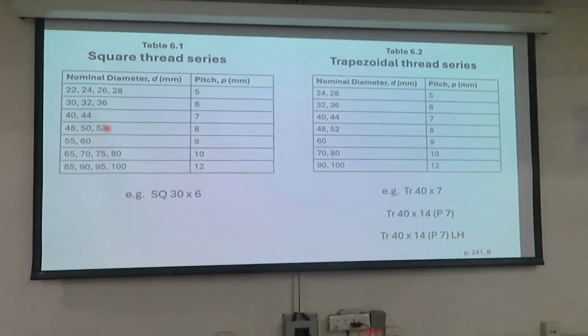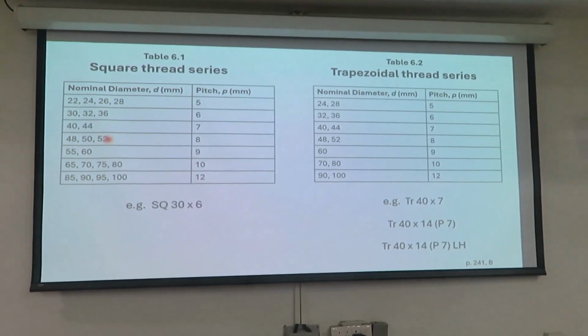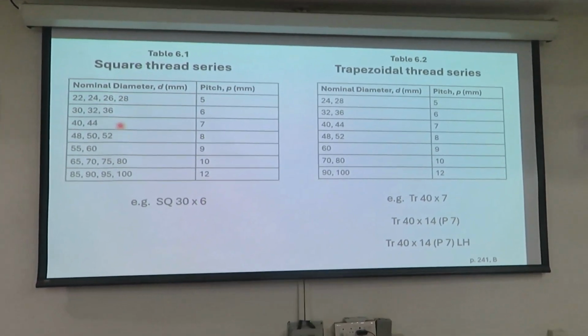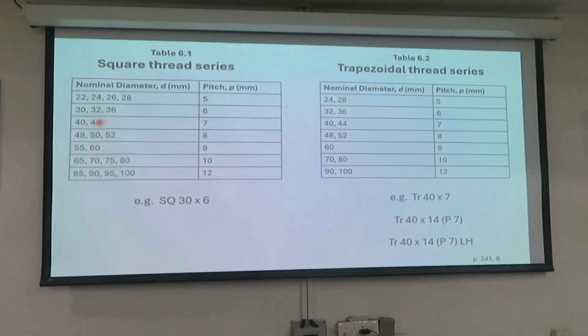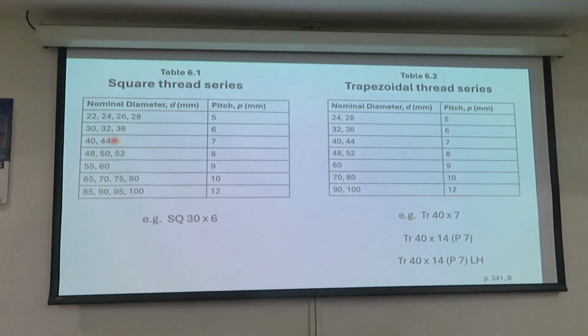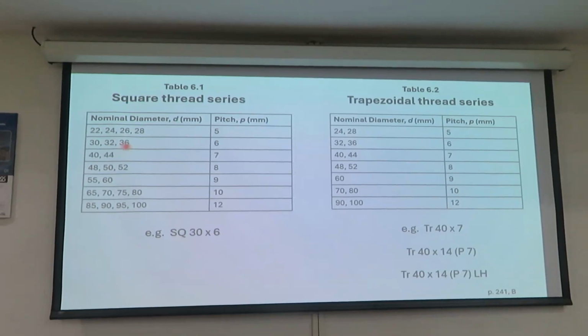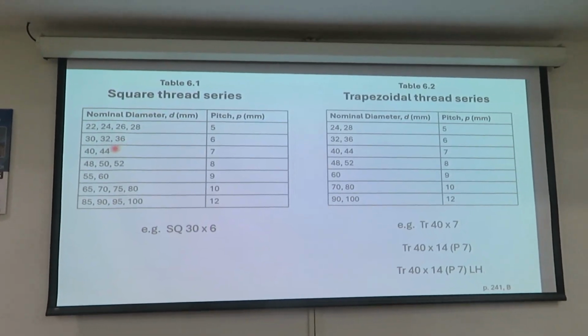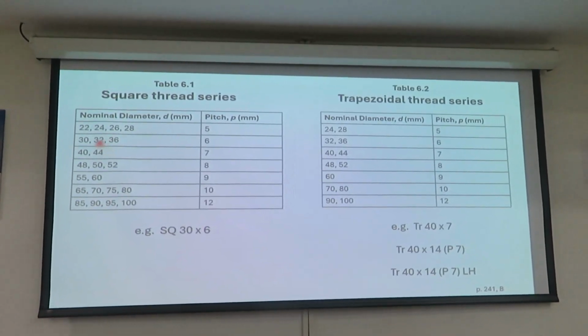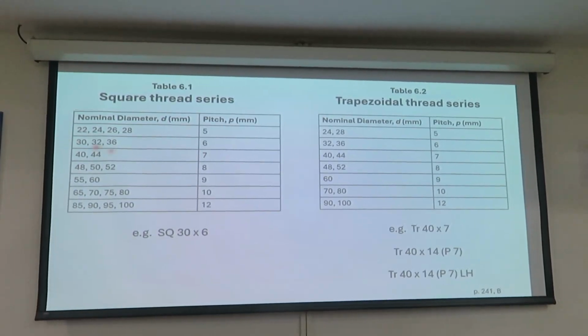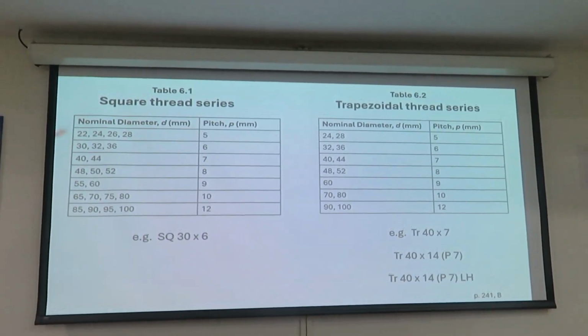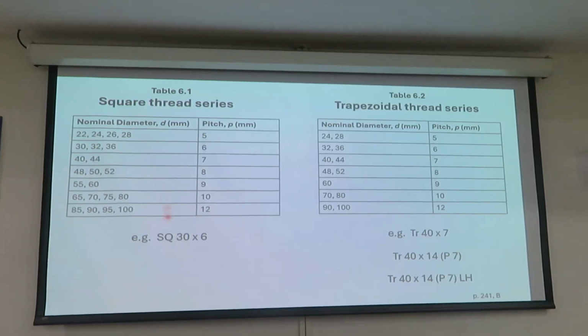Based on your need about stresses, you select one, and if it doesn't satisfy the requirement, then go for one higher, and if you think it is over designed, then go for one lower. All the optimization has to be done here in the selection.